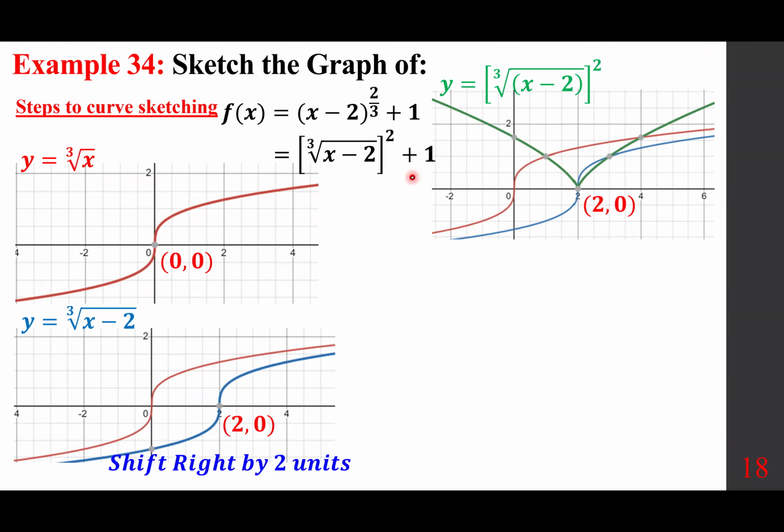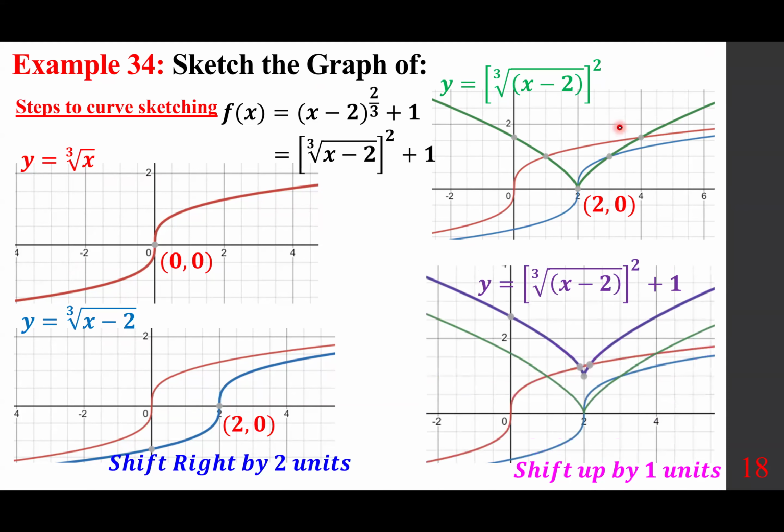Finally, plus 1 means shifted up by 1 unit. So the same function comes up by 1 unit. Now it has the coordinates (2, 1).